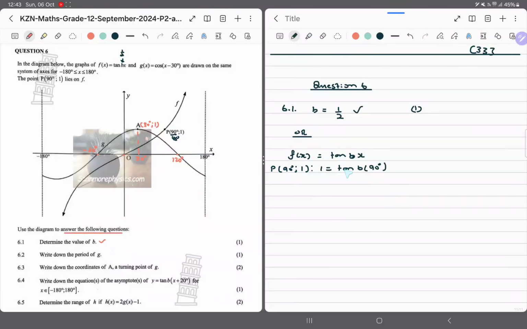So this implies that tan of b into 90 degrees is equal to 1. This means b into 90 degrees is equal to arctan of 1, which is 45 degrees.